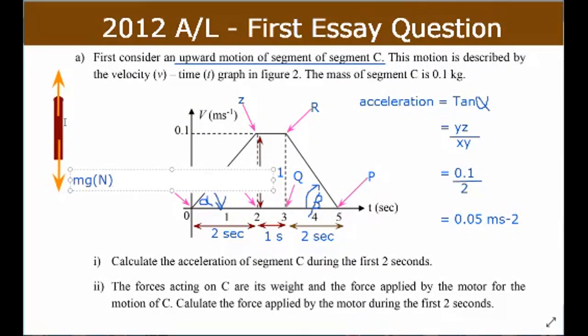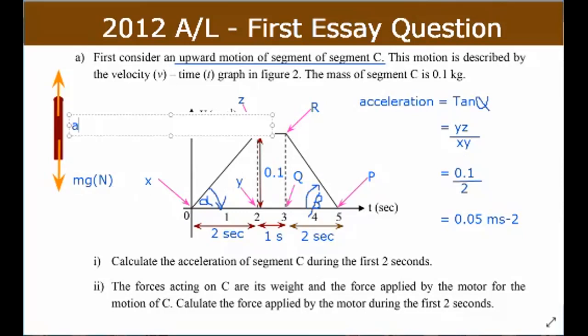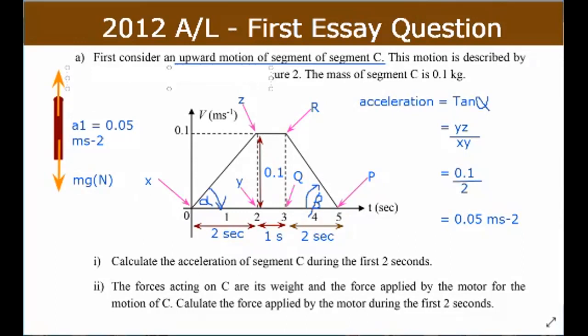What is the acceleration of the segment C during the first 2 seconds? Let me mark it as A1. We have found it as 0.05 meters per square second. That's what we have found, right? So for the segment C to be moved up, there must be an upward force. Let me take that force as Fm, the force given by the motor.